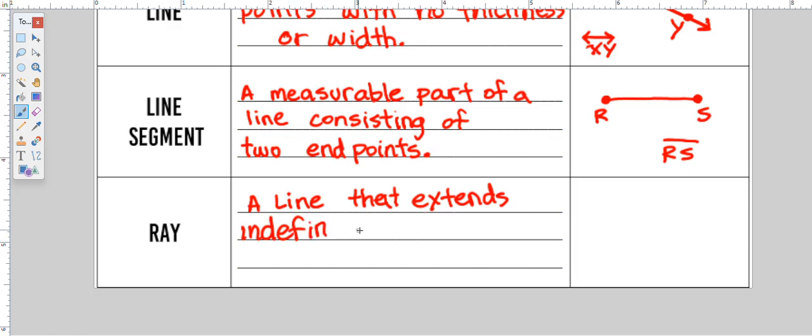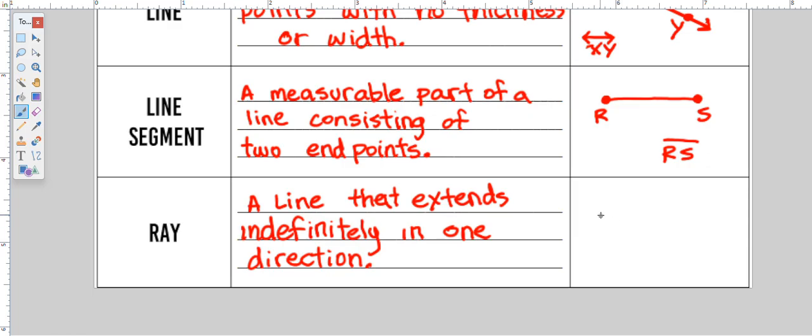So that means it extends forever in one direction. You could also say infinitely. Both of those are synonyms. They have the same meaning.